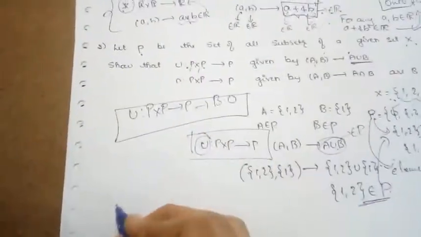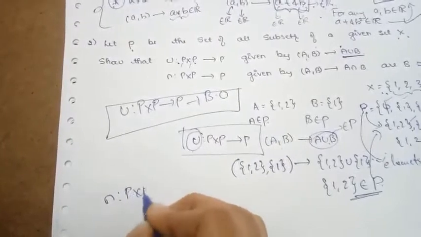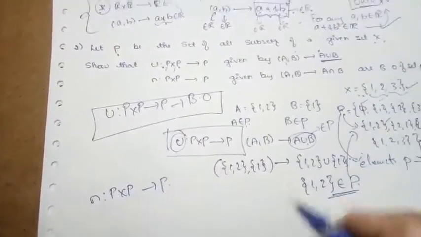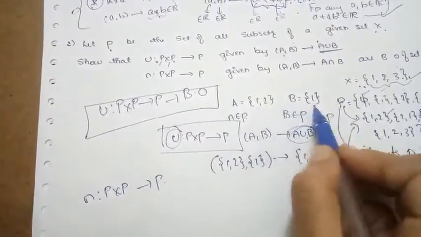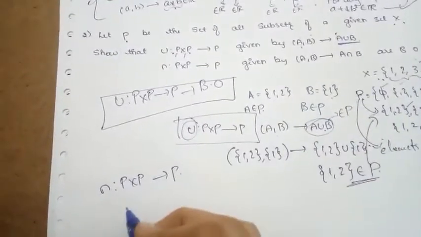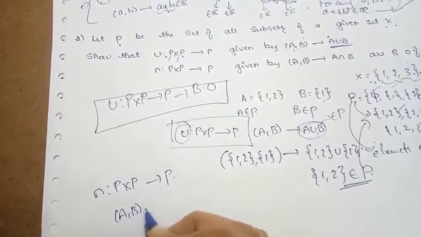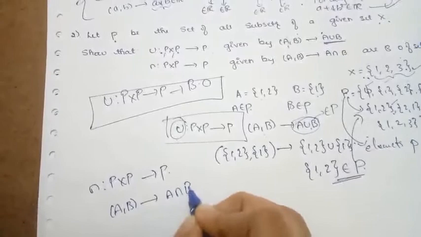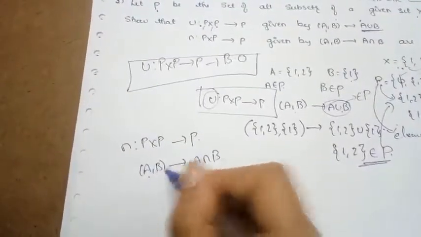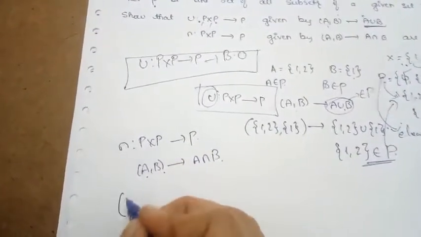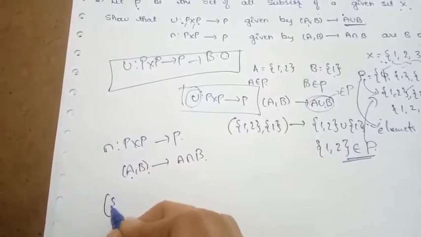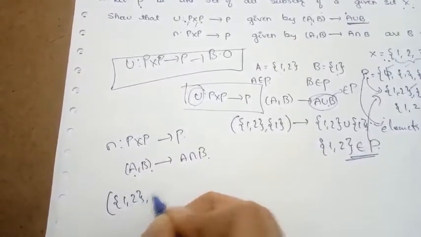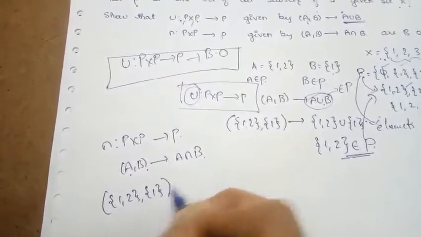Similarly, we can say it for intersection also. If I take any two sets, A comma B gives A intersection B. So I have taken two elements from the set P cross P: A is nothing but {1, 2}, and B is {1}.